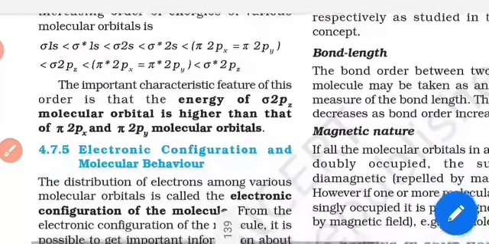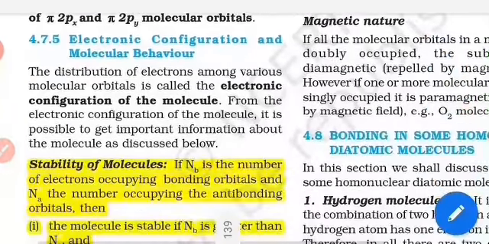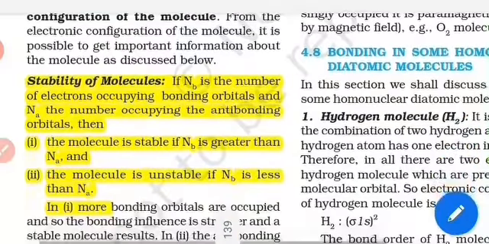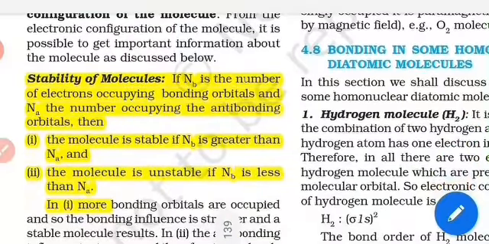Now let us understand some terminologies that help us to understand the stability of molecules according to molecular orbital theory. If Nb is the number of electrons occupying bonding orbitals and Na the number occupying the anti-bonding orbitals, then the molecule is stable if Nb is greater than Na.